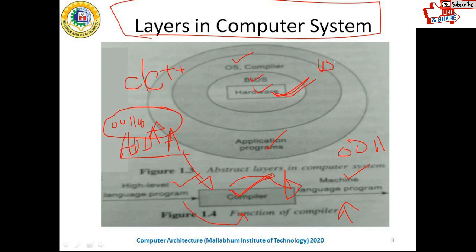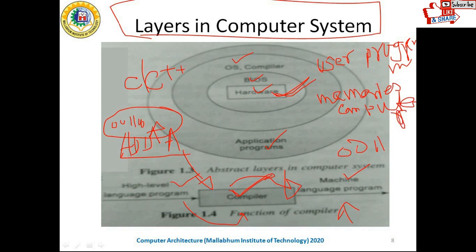It is used to manage the user program, and it is also used to manage the memories of the computer. Whatever the memory of the computer, it is managed by the operating system.